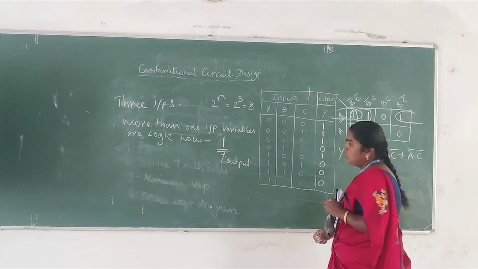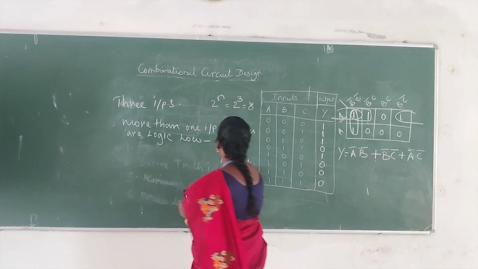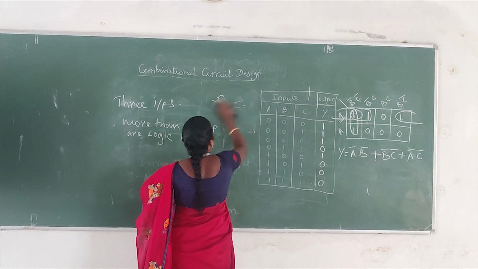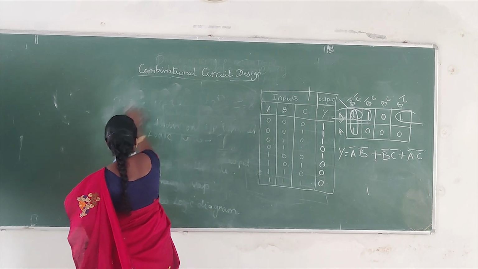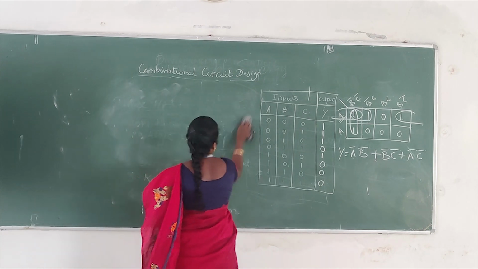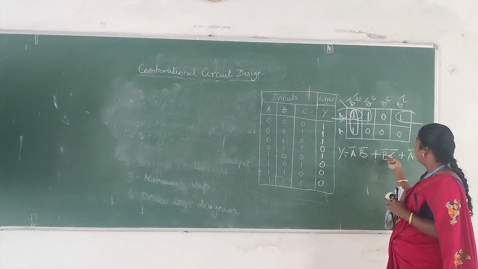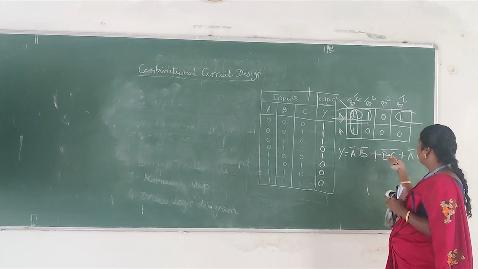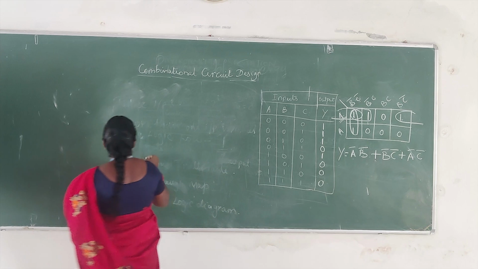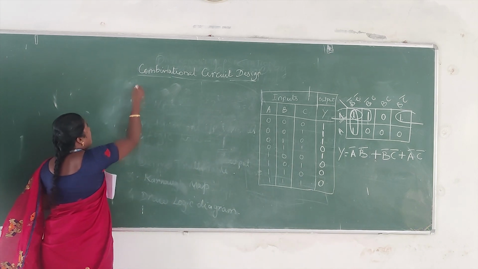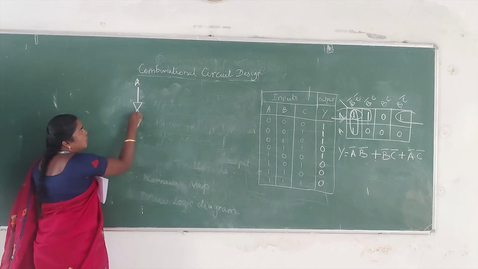Okay, the next step is to draw the logical diagram. Here all are complement factors: A bar, B bar, B bar, C bar, A bar, C bar. So the input variables are A, and its complement comes from the NOT gate.